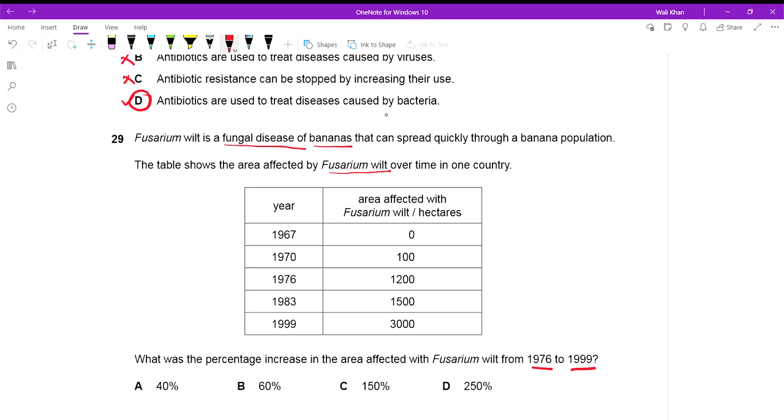So we have to look at 1976 to 1999. First the increase is from 1200 to 1500, a little bit of increase, and then it surges to 3000. Okay, so we have to calculate the percentage increase.